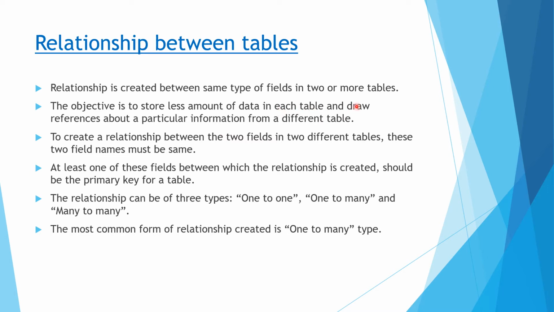One thing you should take care of to understand this is that it is not between two tables. Though when we talk about relationships, we say the relationship is between two tables, it is not like that. Remember this. A relationship will be between two fields in two different tables, and those two field names should be alike.